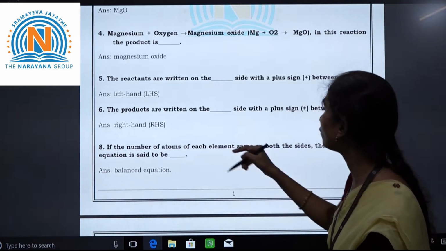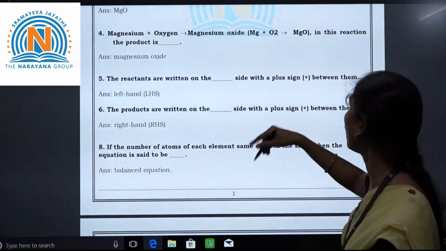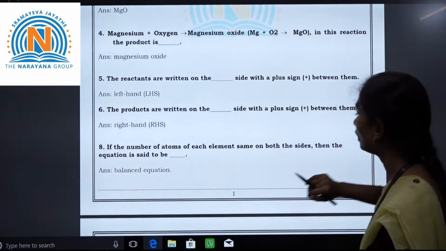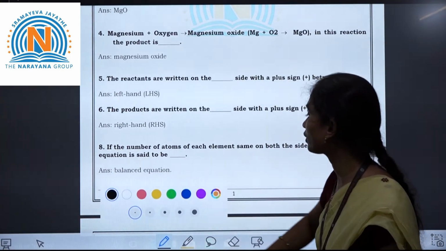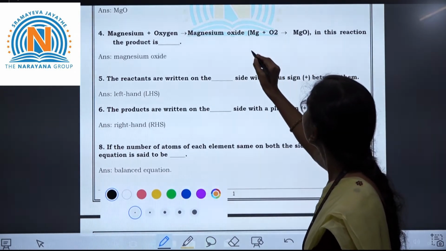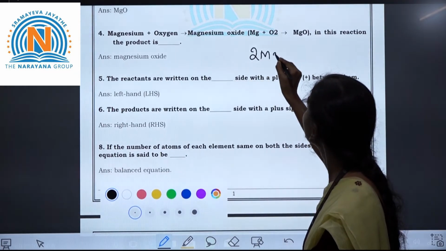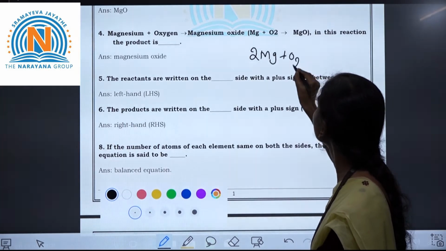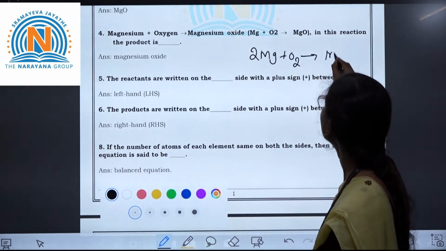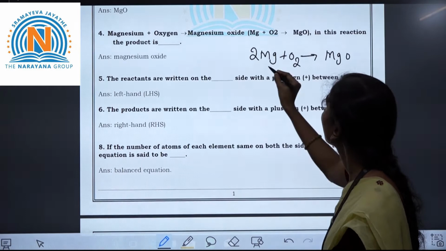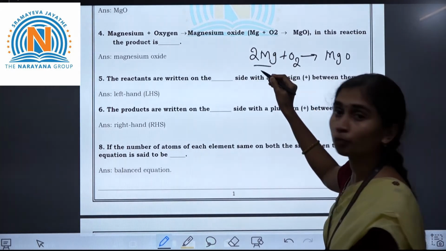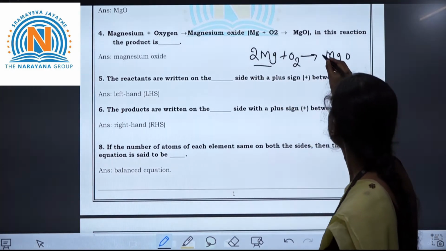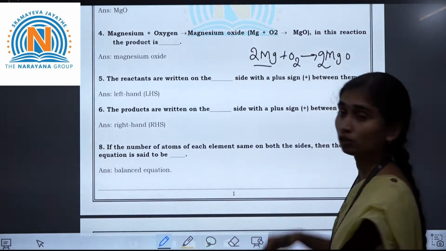Here the number of atoms of each element is the same on both sides. So now let us balance the equation. 2Mg, right? When magnesium reacts with oxygen, here we are getting magnesium oxide, right? So here two atoms of magnesium on the reactant side, and here also it must be 2.